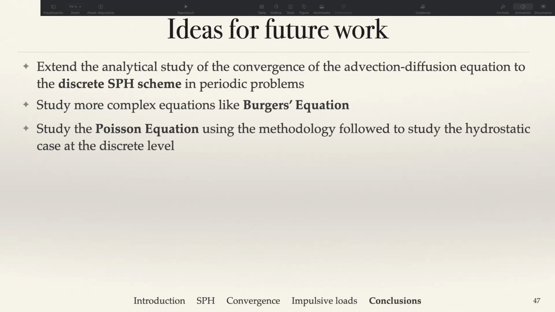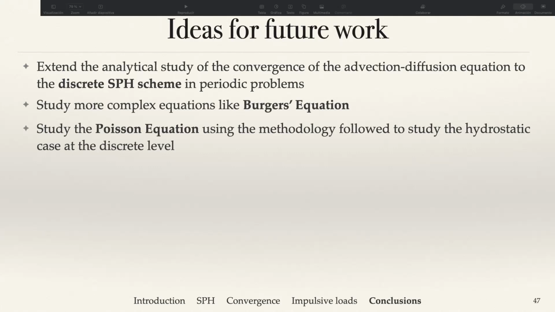Well, the hydrostatic problem is never solved by inverting the matrix of the discrete problem. However, the matrix corresponding to the Laplacian is inverted to solve the Poisson equation in the context of ISPH, so incompressible SPH, which is another version of the method that I have not discussed. But in that context, the study of this equation using this methodology would be interesting.